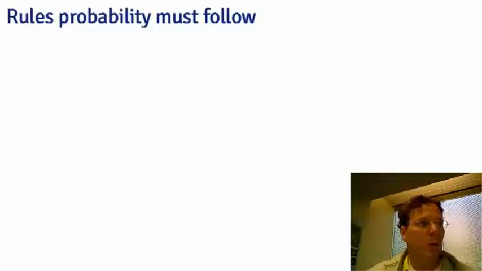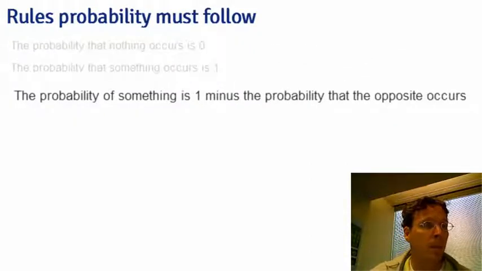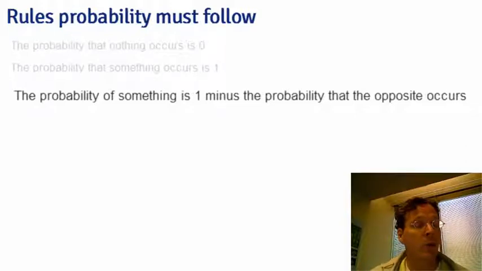Here are some of the rules that probability must follow. Some of them I stated already, and some of them are consequences of what I stated already. The first is the probability that nothing occurs is 0, so you have to roll the die. Something has to occur. You have to get a number. And that's similarly related to the probability that something occurs, that you do get a number, is a 1. Something that we intuitively seem to know is the probability of something is 1 minus the probability that the opposite occurs.